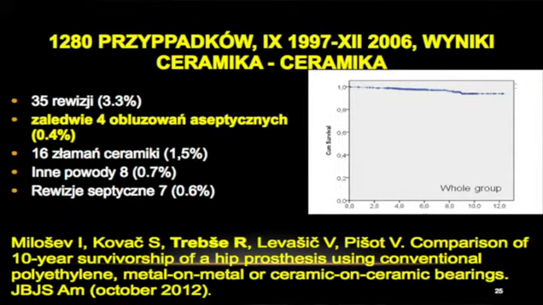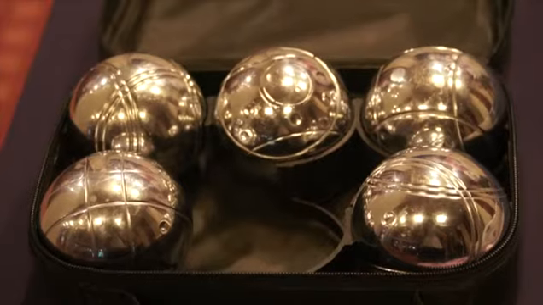Well, ceramic on ceramic, we've been having a big series in ceramic on ceramic since early 90s, and actually there are nearly no tribology related problems. So with ceramic on ceramic, tribology is optimal. And what is even more interesting, that also septic revisions are, at least in our hospital, 3 times lower than in metal on metal and 2 times lower than in metal on polyethylene.